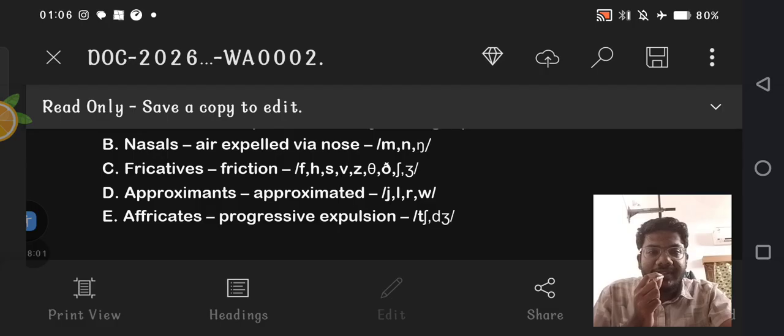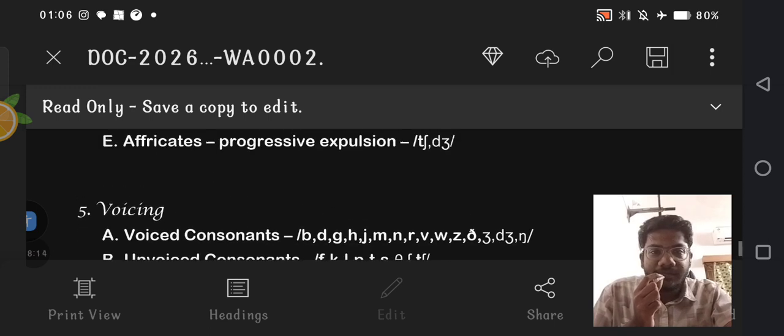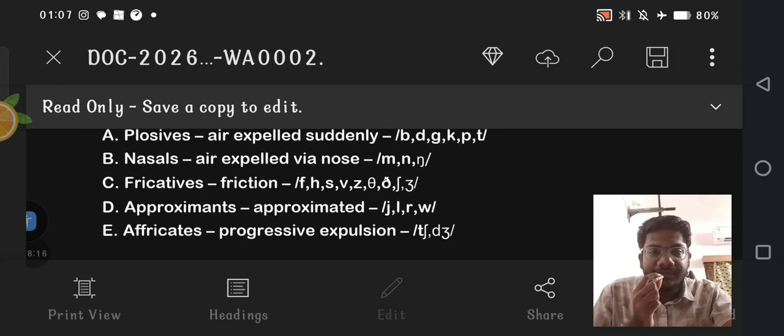Affricates are consonants which are produced when the air is expelled via mouth progressively, little by little. Ch, j. So in affricates there is partial obstruction, after which the air is released.